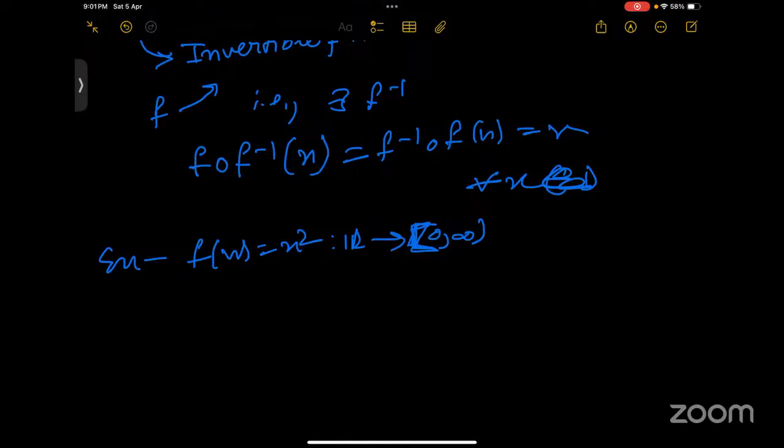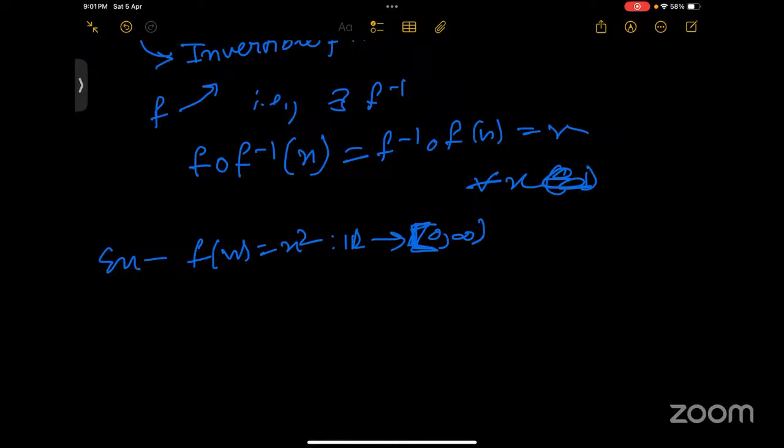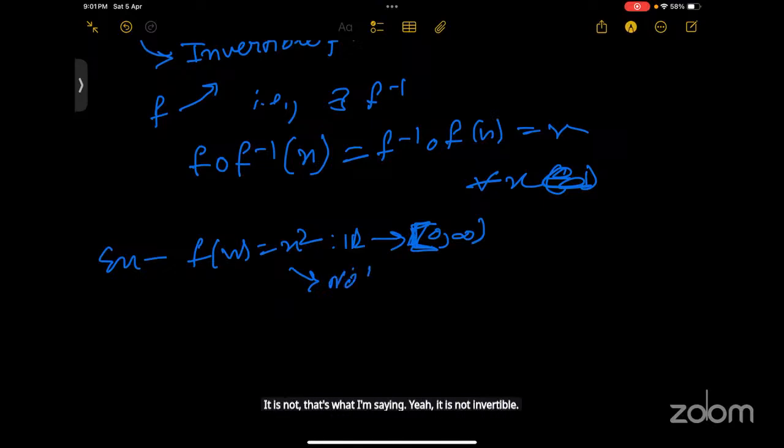Here your f of x is from real to 0 to infinity. Now, when you are reversing, your domain will become 0 to infinity and your codomain will become a real line, right? So is it invertible or not? It is not invertible, because when you apply 0 to infinity as a domain, you will never get a real line.